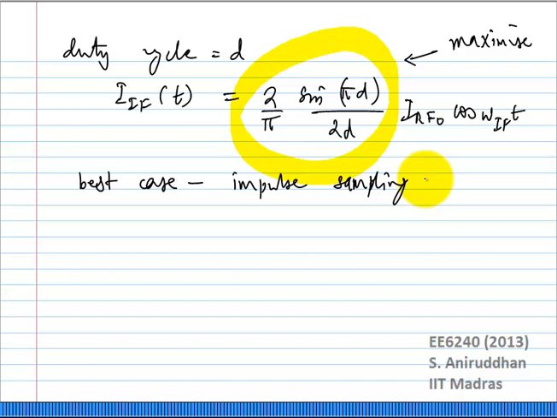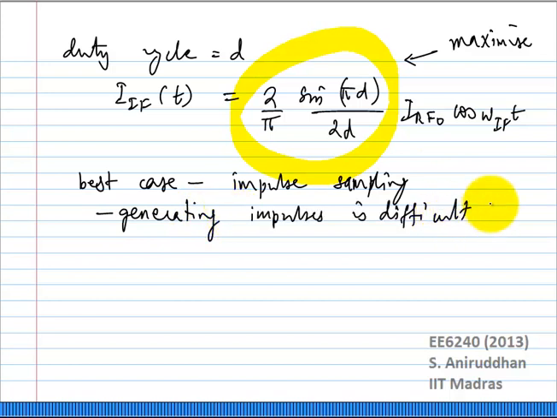So do you see any problems with this? Obviously generating those narrow pulses becomes a big problem. Precise impulses become difficult when you are working with these multi-gigahertz frequencies.